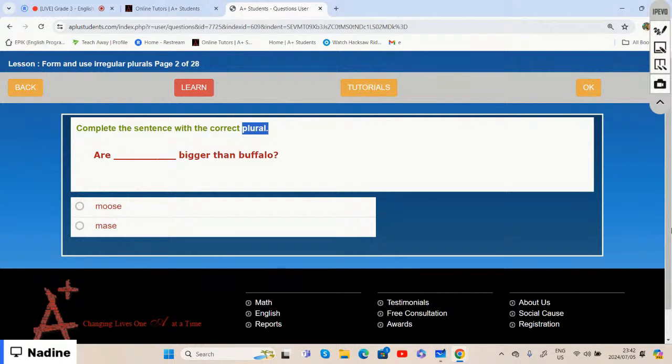Remember, we said some of the words change, some of the words stay the same. So are moose bigger than buffalo, or are mace bigger than buffalo?